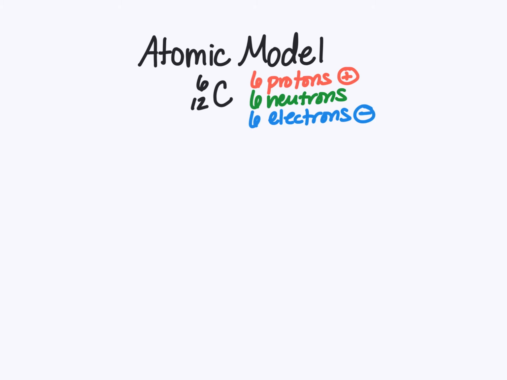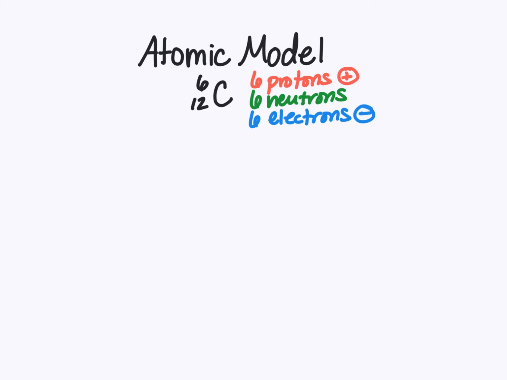So now that we know how to figure out the number of protons, neutrons, and electrons that are in an atom of an element, let's draw a model of kind of what these atoms look like. Now, atoms are so small that they are submicroscopic, meaning we do not have the technology to actually see what an atom looks like, but we have models of atoms that we can draw to help us visualize.